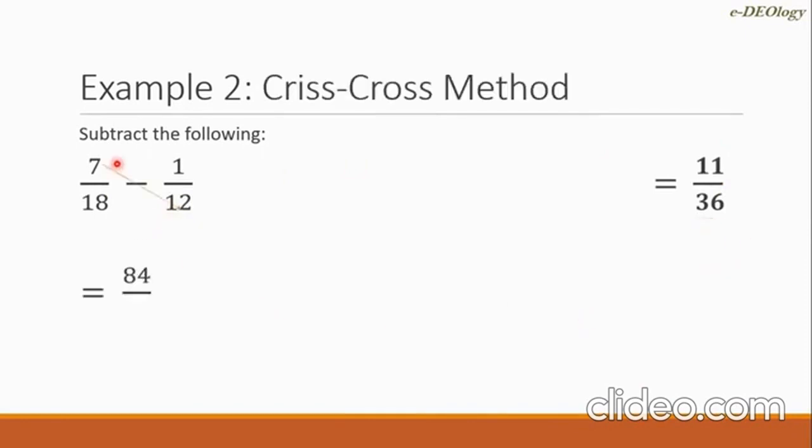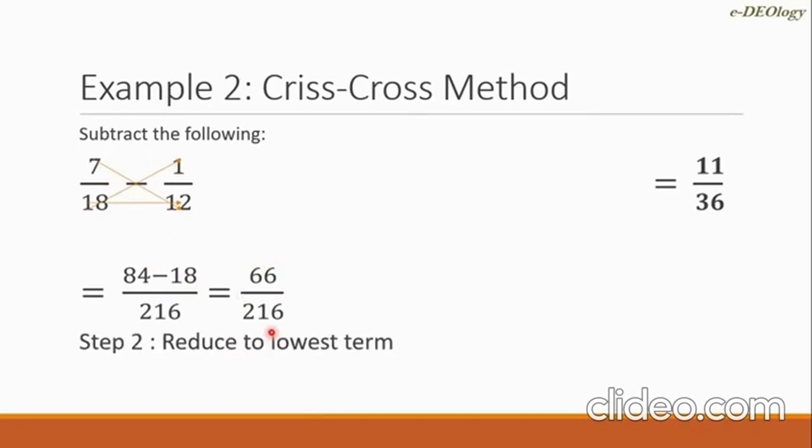I multiplied 7 and 12, I get 84, minus multiplying 18 by 1 is 18. Then multiply 18 and 12, I get 216. Then the difference on top is 66 over 216. Then we go to step 2 to reduce this to lowest term.